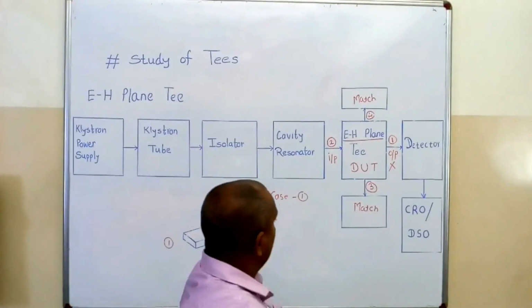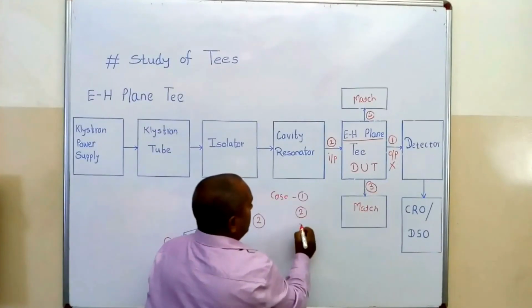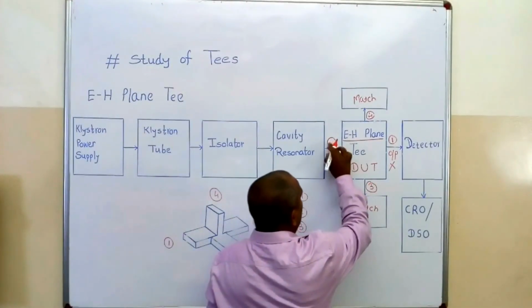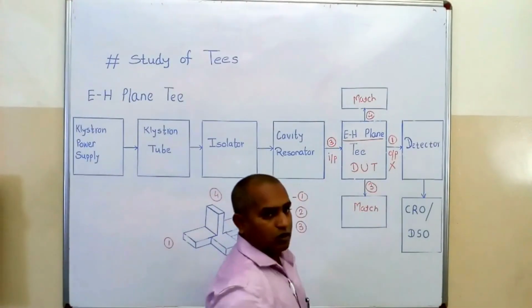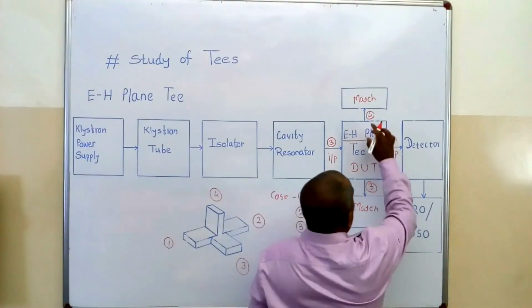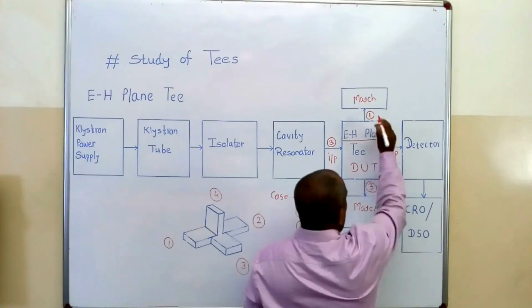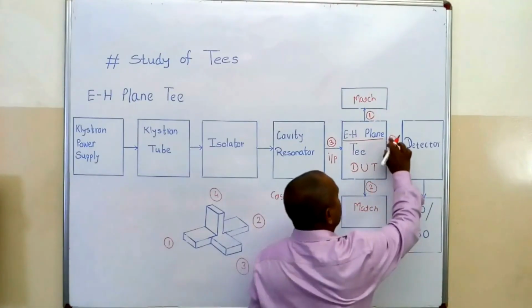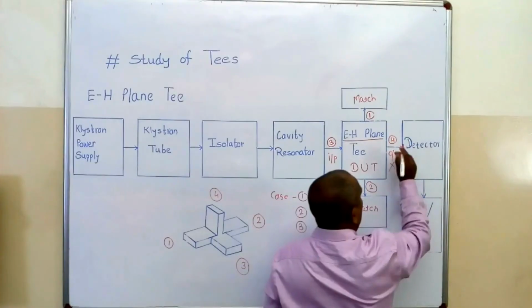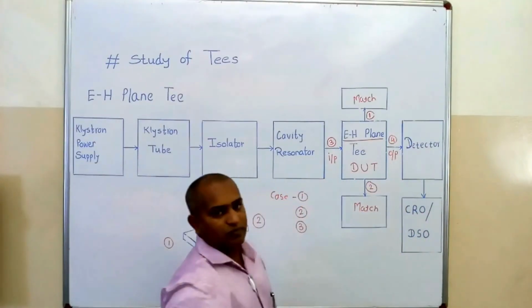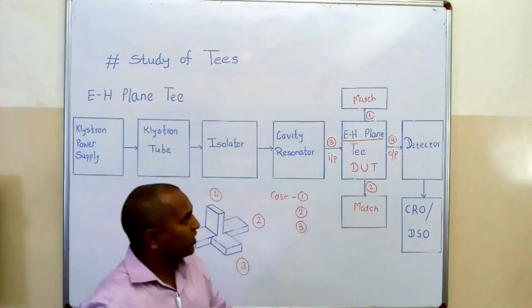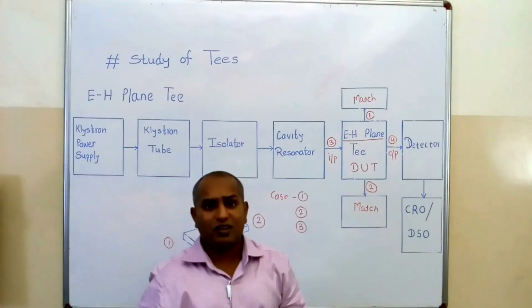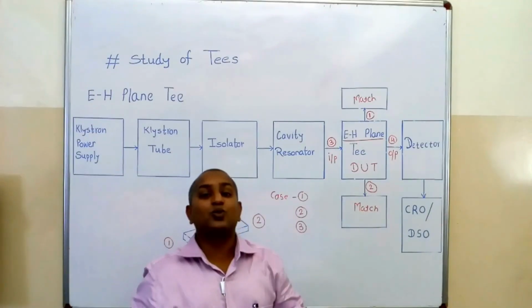The third magic related to your EH-plane T is to apply the input to port number 3, match port number 1 and port number 2, and measure the output across port number 4. So what is your guess here? Will we get an output across port number 4? No, absolutely not.